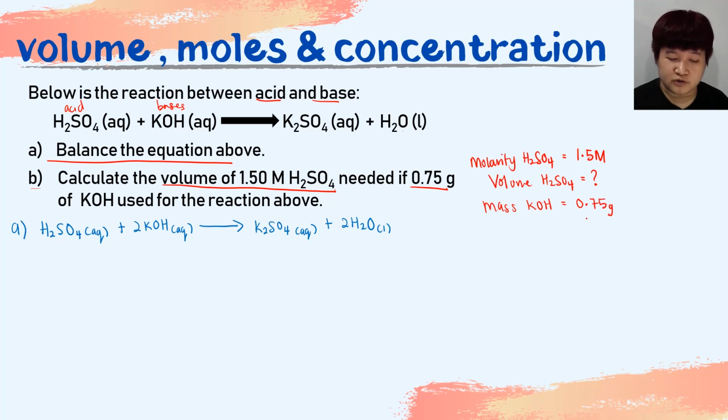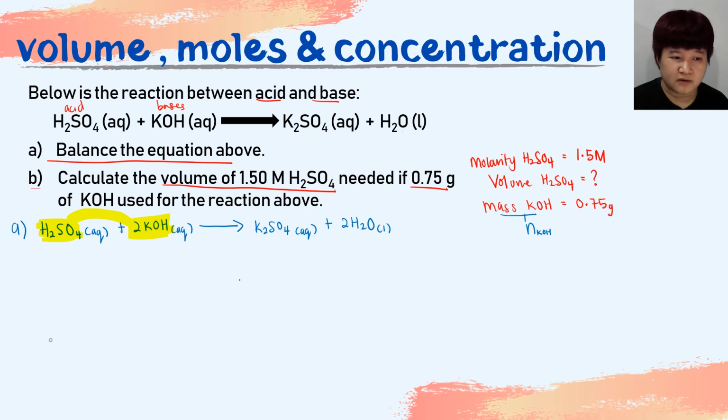So what we are going to do, as always, is change this mass to number of mole, because we are going to compare the KOH given with the sulfuric acid that we are looking for. So that is our stoichiometry relationship. But we know that stoichiometry can only be done with number of mole.